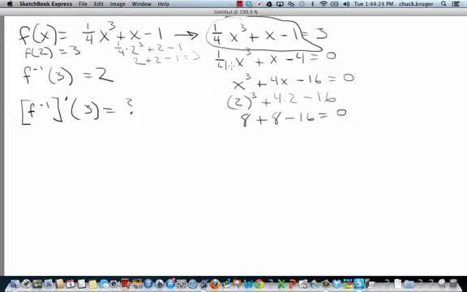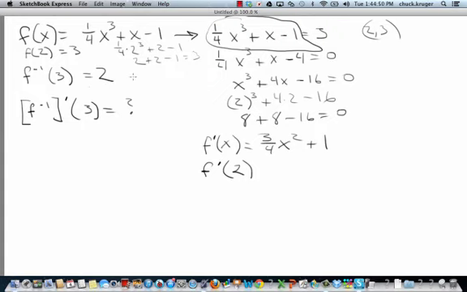But I don't need to figure out the inverse. What I can do is take the derivative of the function, which in this case is 3/4 x squared plus 1, and I can plug into it. Now you have to be careful on this. I have to plug in 2, because the corresponding point over here is 2, 3.